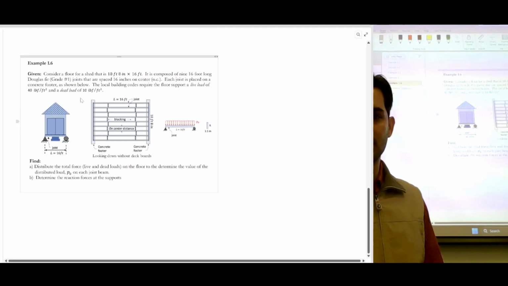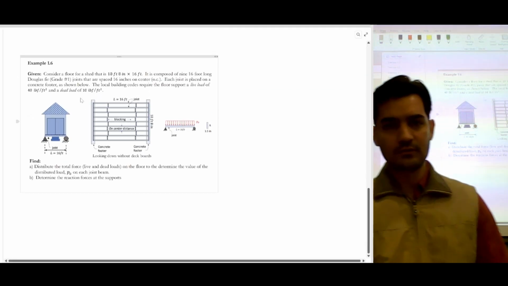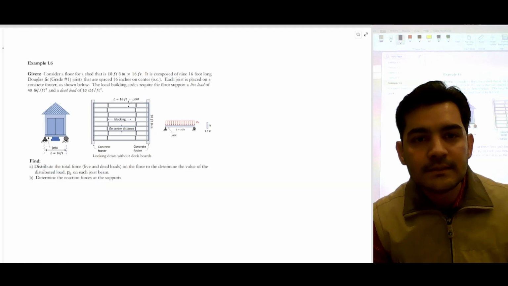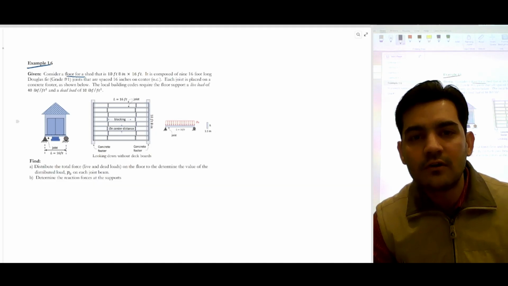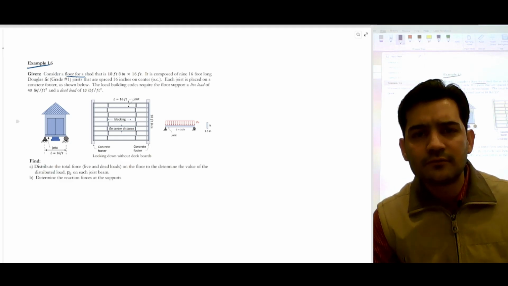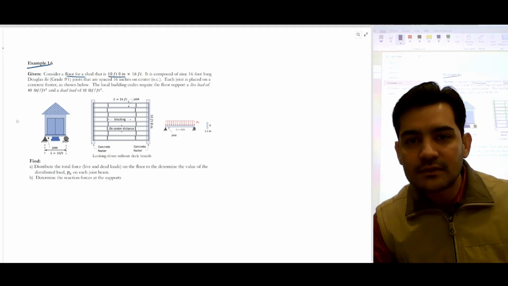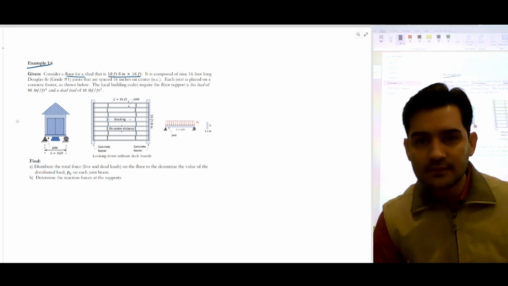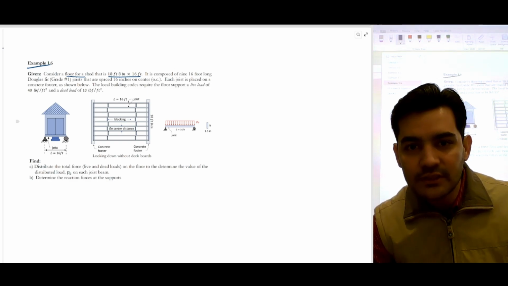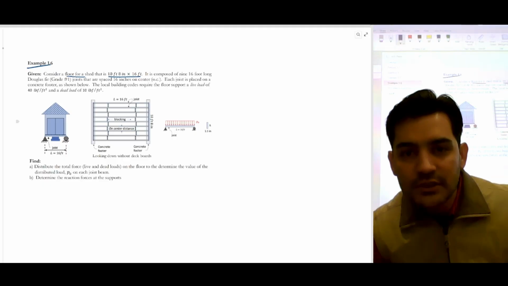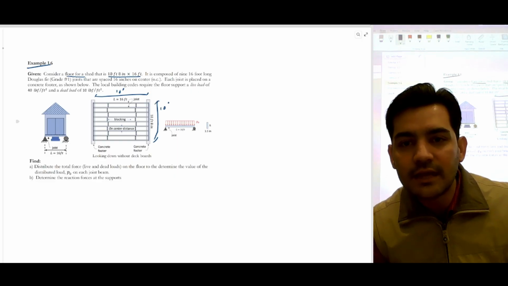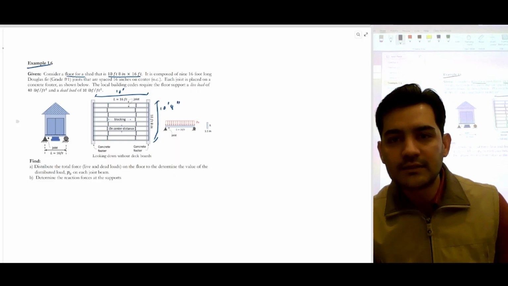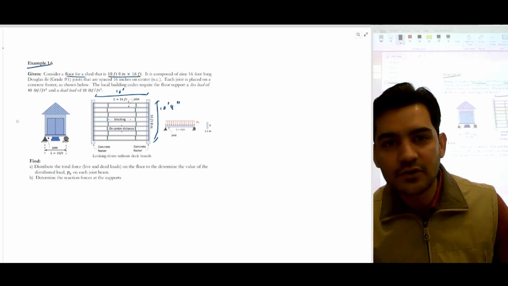All right. So it says consider a floor for a shed that is 16 feet by 10 feet 8 inches. So that's the dimension of the shed. It is composed of nine 16-foot-long joists.